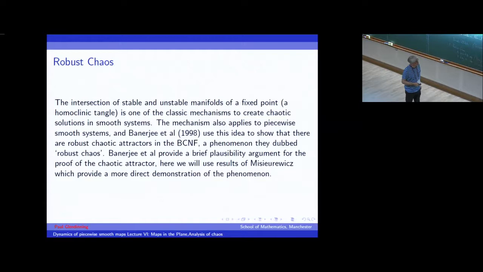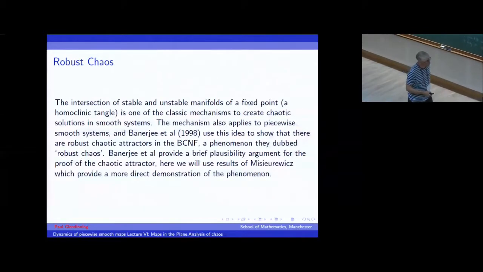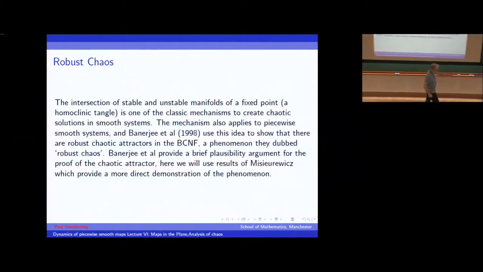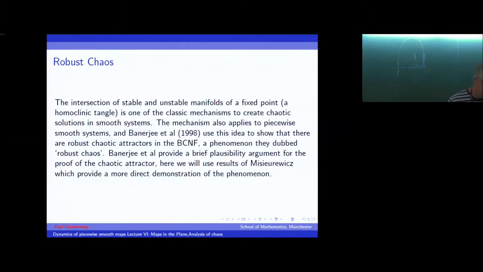Now we're coming to Soumitro's stuff. As I said before, the intersection of stable and unstable manifolds was a classic part of the development of the ideas of chaos. The homoclinic tangency and transverse homoclinic orbits was one of the first places where it was proved that you could have chaos in some sort of general setting.